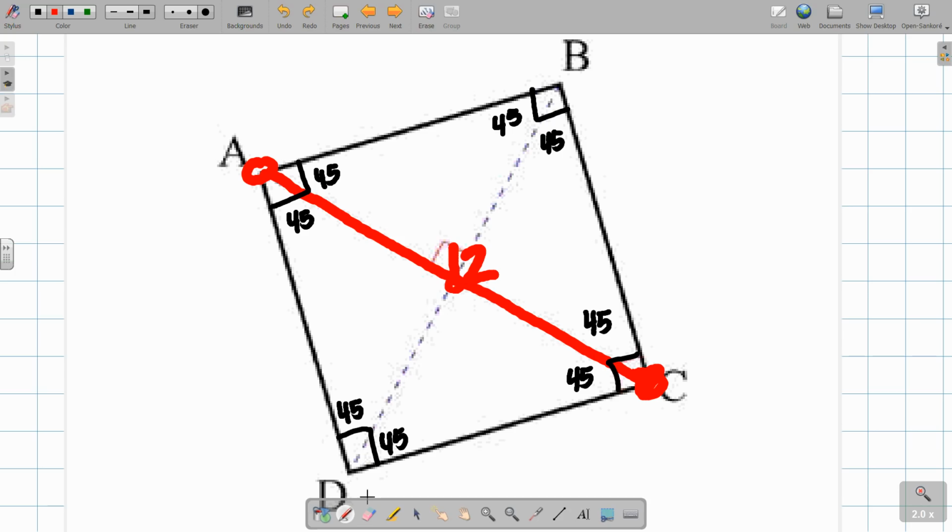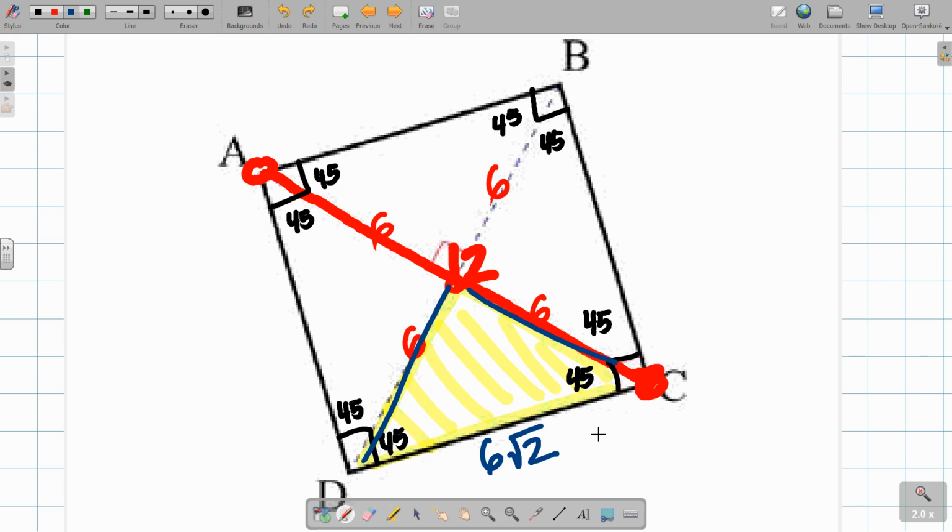That 12 is cut in half, which means all of these pieces are 6 and 6, 6 and 6. Go ahead and highlight 1. There is a 45, 45, 90, leg, leg, leg root 2. So your outer edge is 6 root 2, and because it's a rhombus, the 6 root 2 walks all the way around.